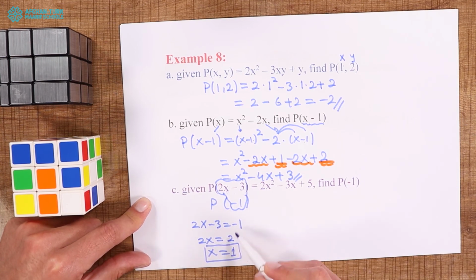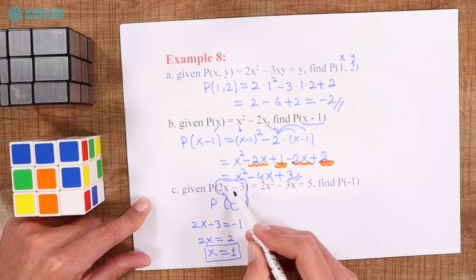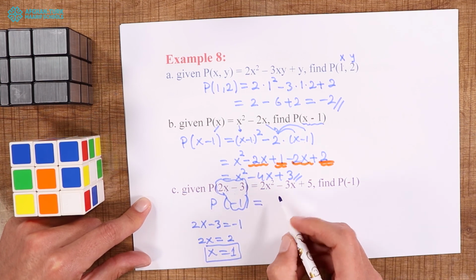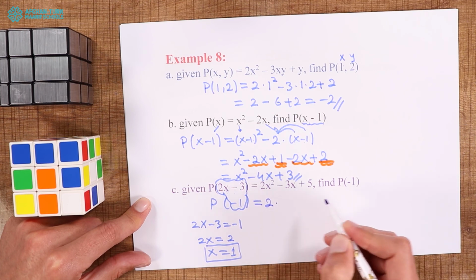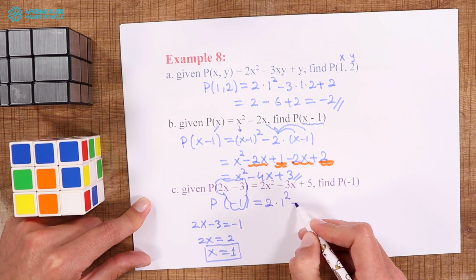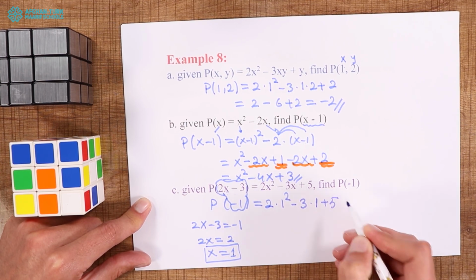It means for placing x as 1, this will be minus 1, and it means that the value of x should be 1 here. So just put 1 instead of x: 1 to the power of 2 minus 3 times 1 plus 5.